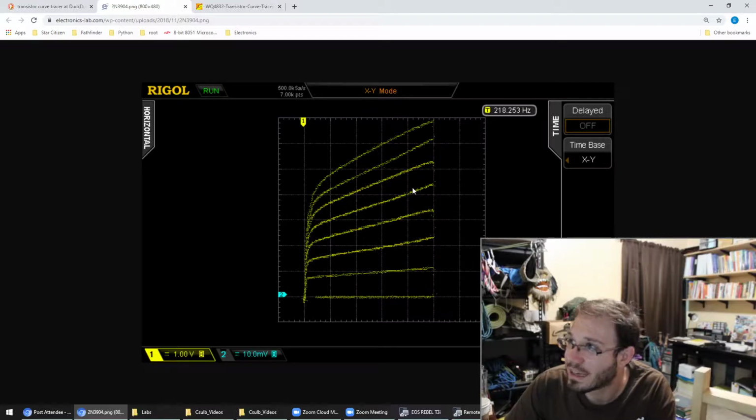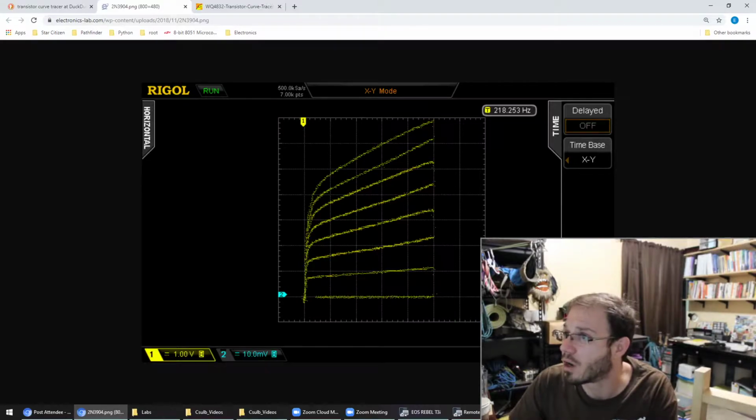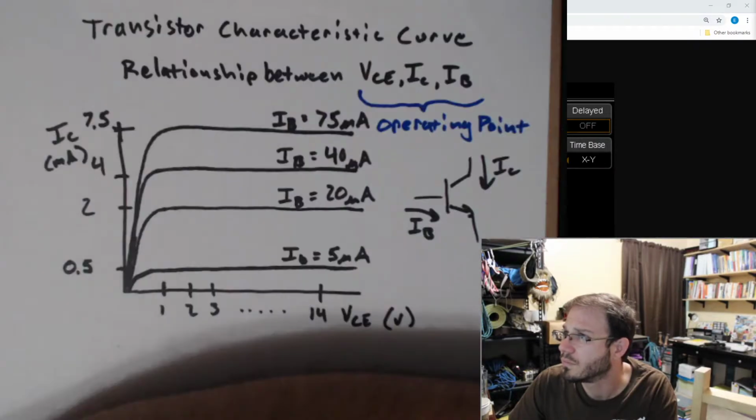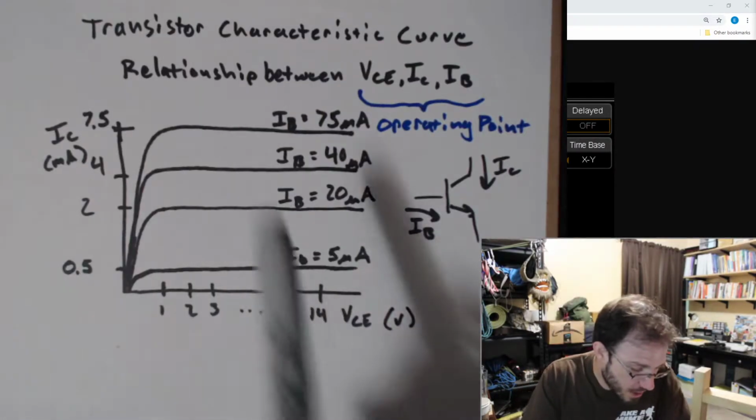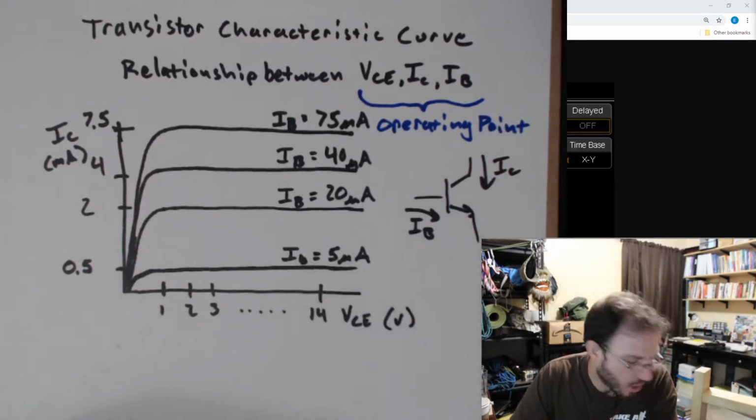Each one of these lines is a constant base current. So if the line is sloped up, then we know that beta is not staying constant. However, in my drawing, I have tried to keep beta fairly constant with a straight line across.